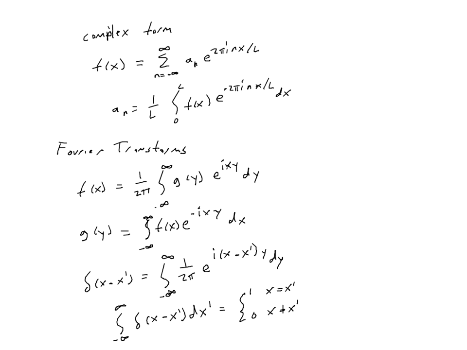So you would just replace the e to the i xy with the cosine xy, and you got your transform. Or sorry, if you integrate just from 0 to infinity, you just put a factor of 2 in there. All right, and obviously it works the same way if you do the inverse transform.